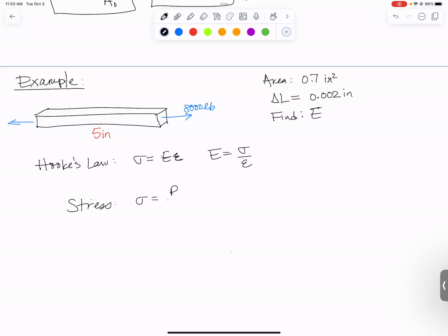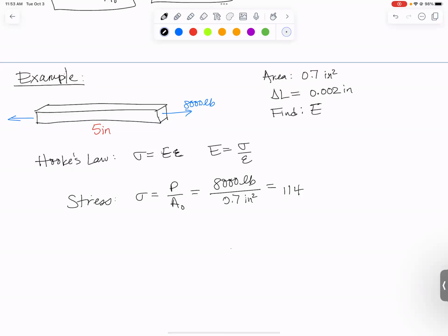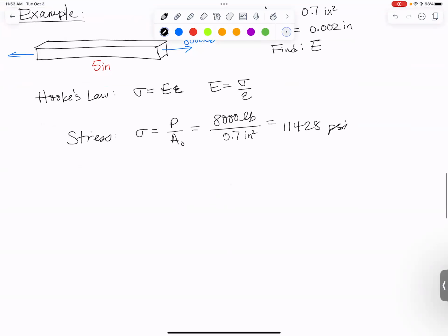Stress is P over original area, which in this case is 8,000 pounds divided by 0.7 square inches, which if I plug that into my calculator comes out to be 11,428 psi.